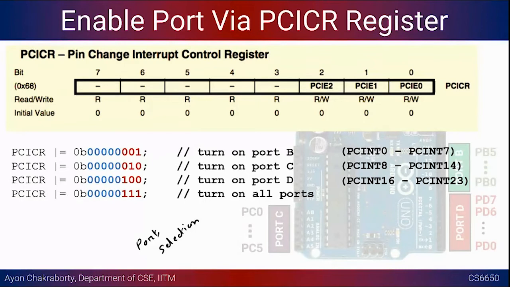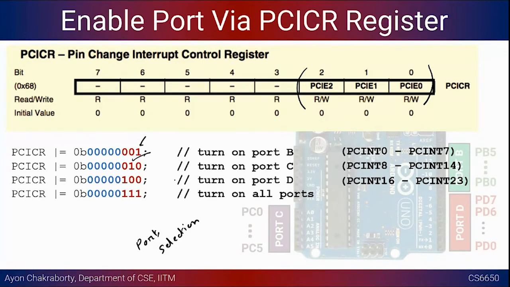All these bits are not used, only the first three bits, 0, 1 and 2, are used. So that is pin change interrupt enable. If you set the first bit to 1 as shown here, it is going to turn on port B. If it is the middle bit, it is going to turn on port C and so on, right? So you can have any combination you feel like.